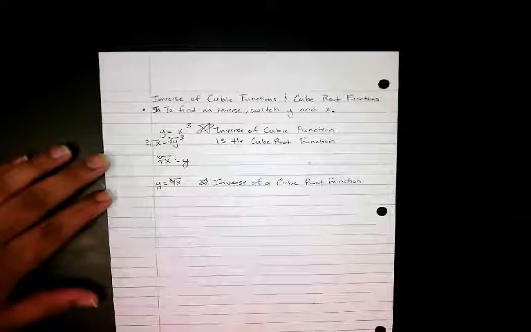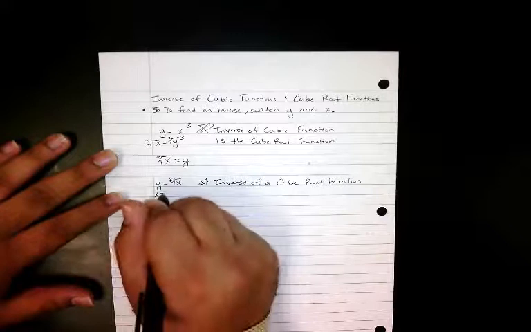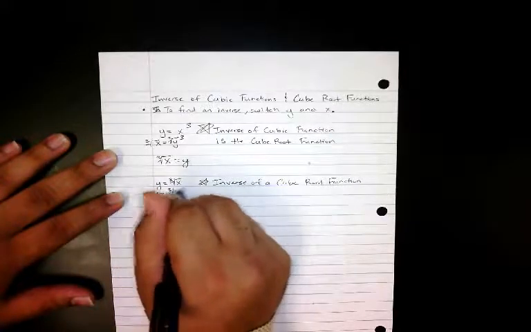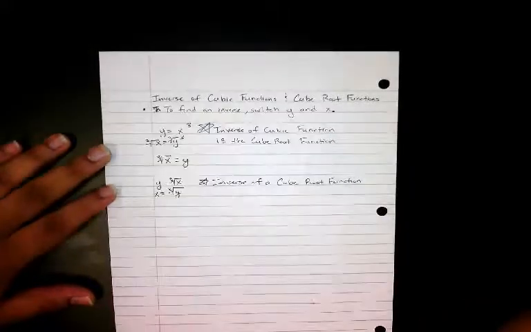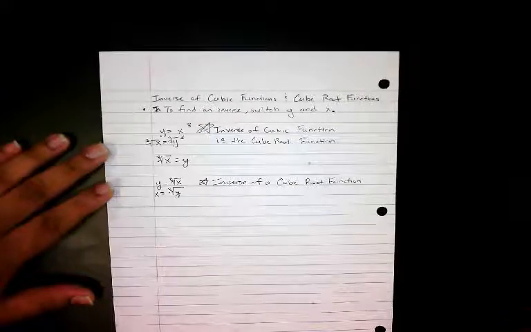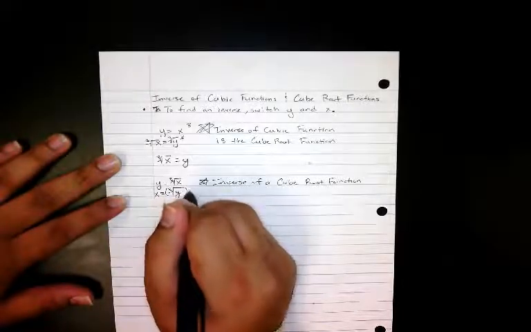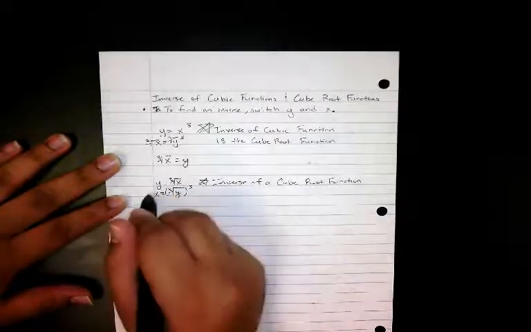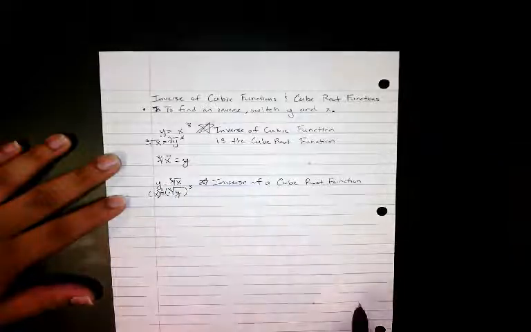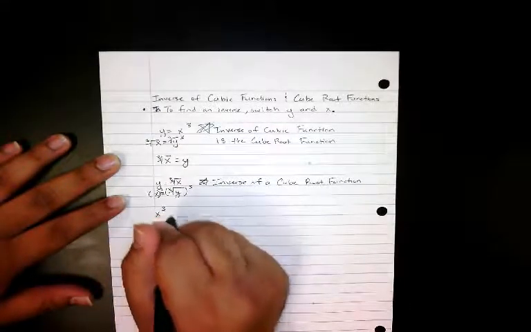To find the inverse, you got to flip them. So you have x equals cube root of y. To get rid of the cube root, to get y by itself, just take it to the third power. Whatever you do to one side, do to the other side. So you got x cubed equals y.